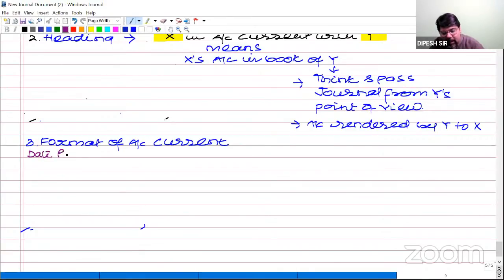Date, particulars, due date, days, interest or product, interest or product, amount.